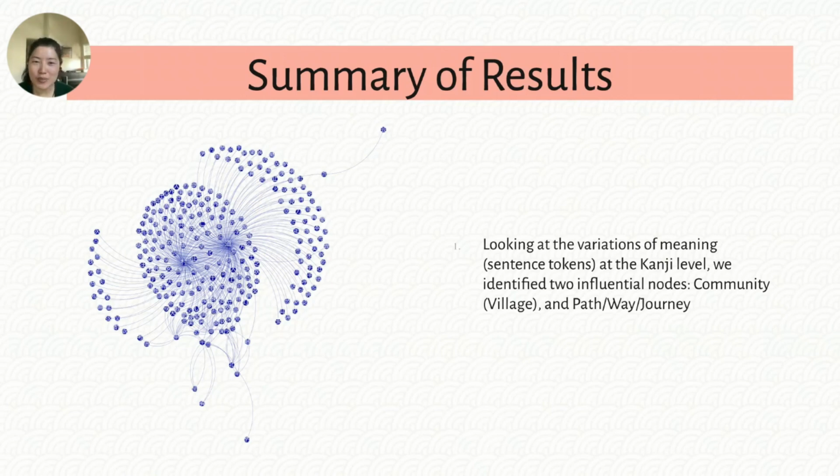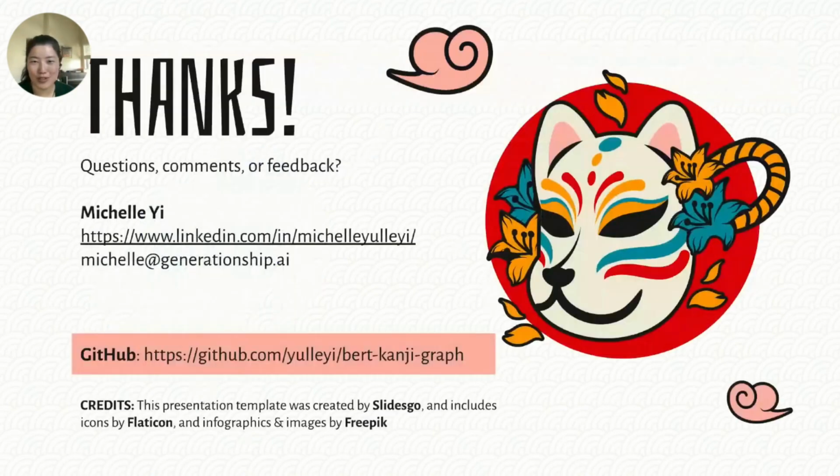But I do think it's interesting that when you look at this aggregate meaning, that one-to-many relationship of a kanji character to the modern interpretations of the word and how it's evolved over time, it's interesting to see that these two kanji are the emergent ones. I'm curious to hear your thoughts. Personally, I thought that was fascinating, that it makes so much sense from the human experience side, that those would be really important.